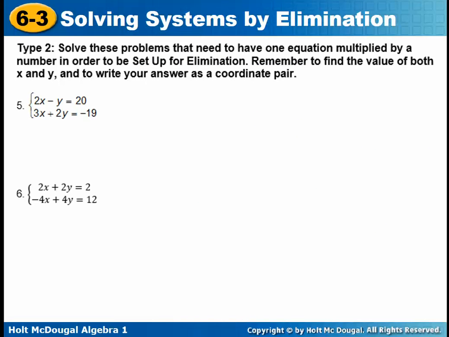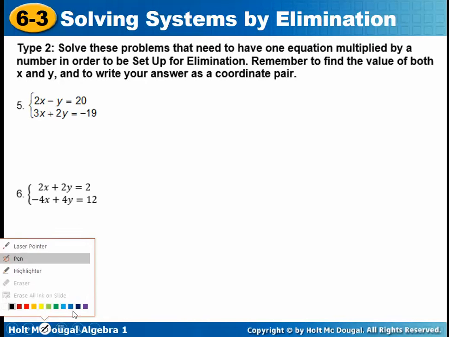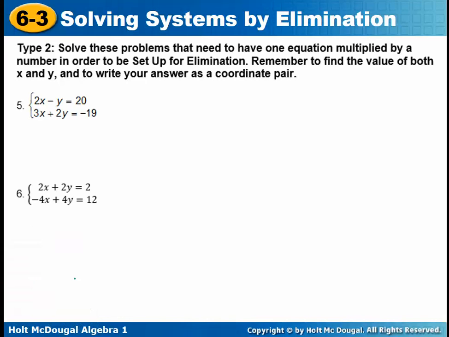All right, here's your problems from your worksheet. You will have to set them up by multiplying one of the equations by a number in order to get it to work. So let's see, which one should we look at? Let's look at number 5. We have 2x minus 1y equals 20, and 3x plus 2y equals negative 19.